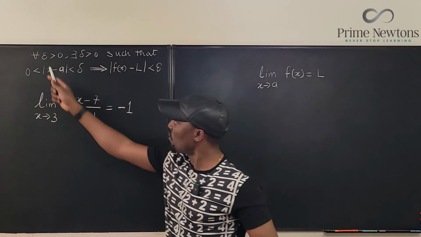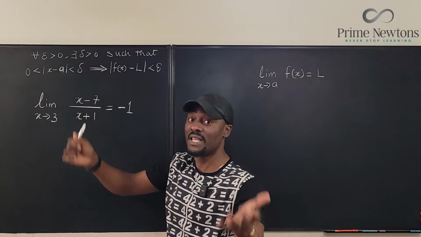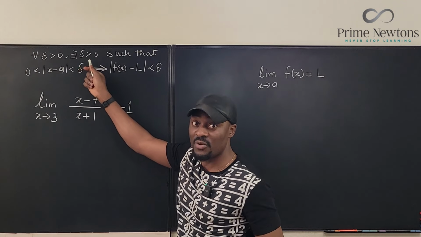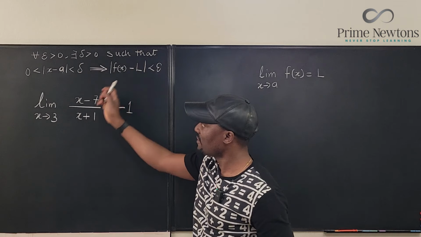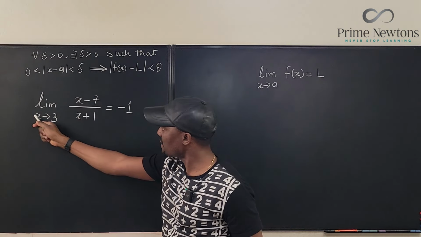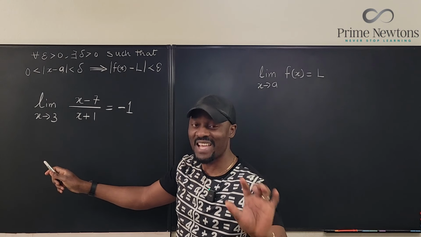Okay, now what do we need to show? We need to show that for every epsilon greater than 0, it has to be positive because distance is always positive. That's why. There exists a delta greater than 0 such that if the absolute value of x minus a, x minus this number, if you move away from 3 a little, that's it.